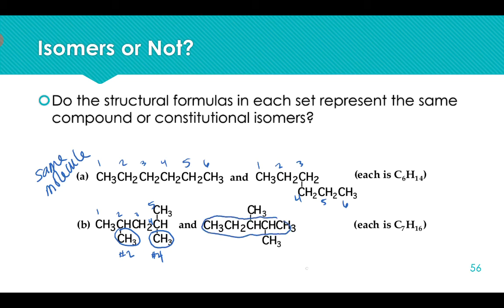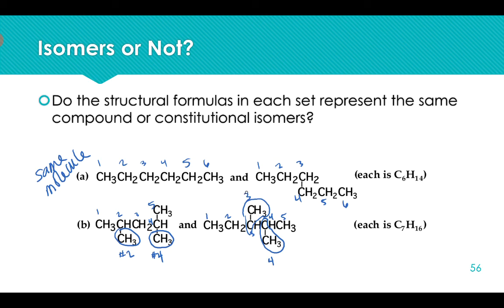Let's try to name this one, or number this one. 1, 2, 3, 4, 5. So it's 5 long like the previous one. And this is hanging off of the fourth one. This one is hanging off of the third one.